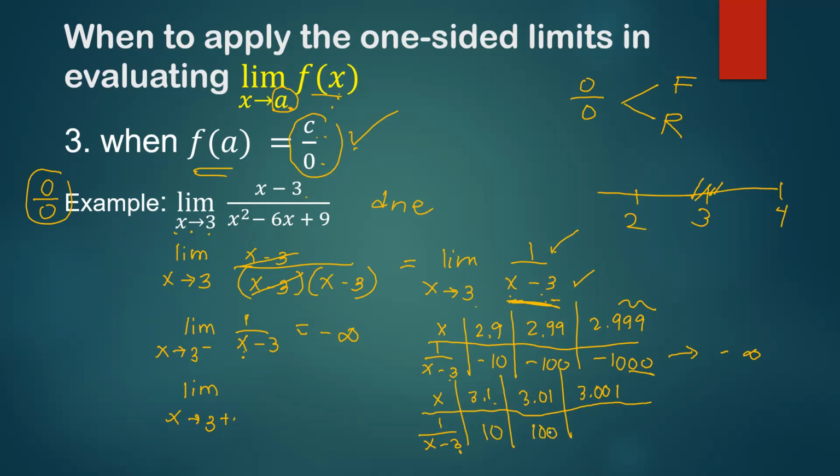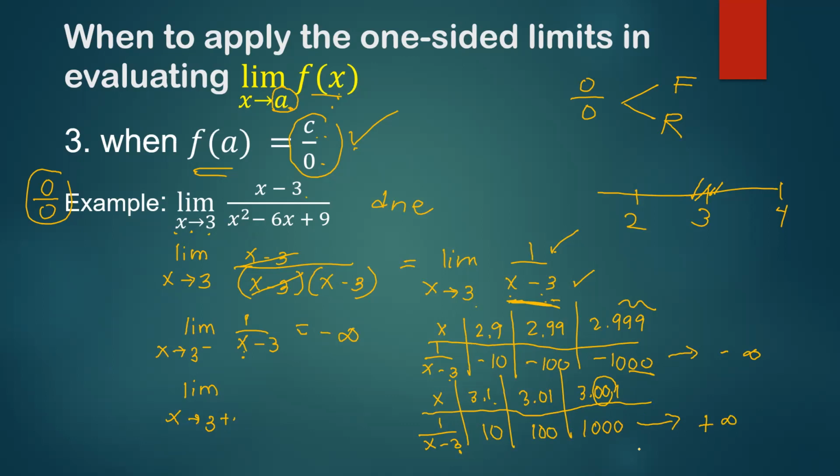You can verify that this will be 100, this will be 1,000. So again, as you increase the number of zeros here, as we get very close to positive 3, it's safe to say that this will be approaching positive infinity.